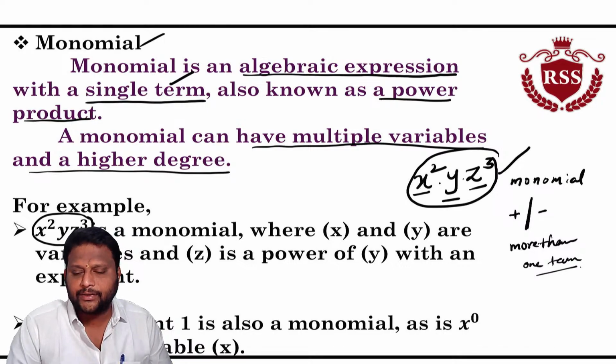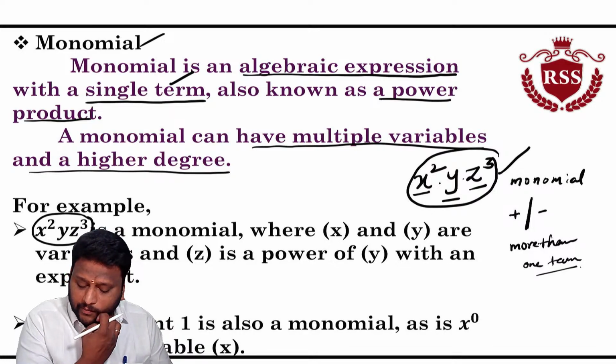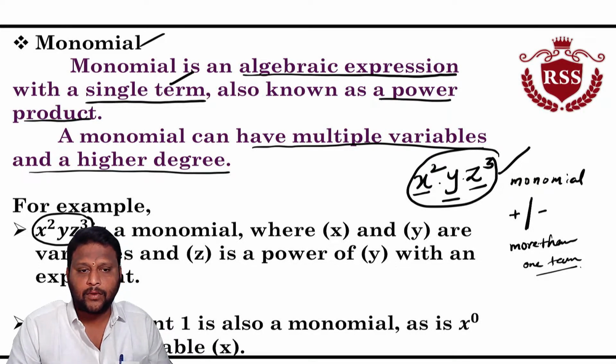If there is no plus or minus, it would be a single term. Got it? All constants are single terms. Why? Because there is no plus or minus in them. Got it?